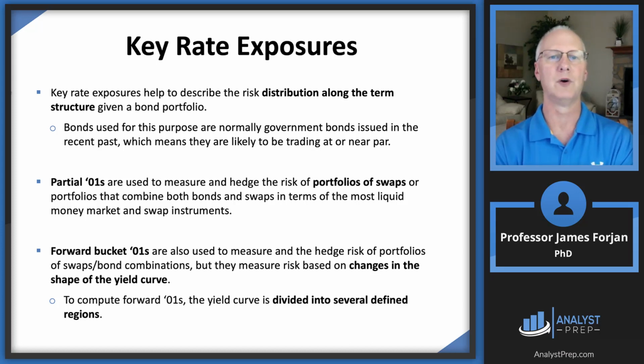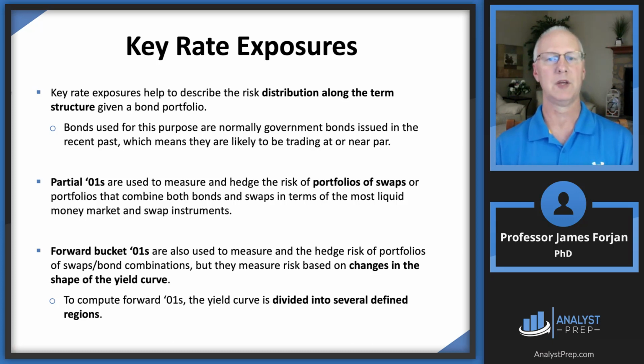So what we're going to do is look at the yield curve, and we are going to identify key rate exposures for our particular investment horizon or our particular bond or a given set of yield curves. So notice that first block definition. The key rate exposures help us to describe the risk distribution along the term structure.